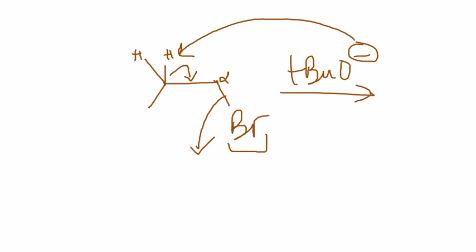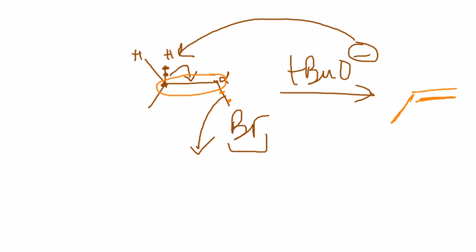The bonds that are breaking are the bond between carbon and hydrogen, and in turn those electrons are moving in between the two carbons. Let me change the color in between these two carbons. And in that process, the electrons between the alpha carbon and the bromine go away with bromine as a bromide. And so your end product is an elimination product, and you get your double bond in place.